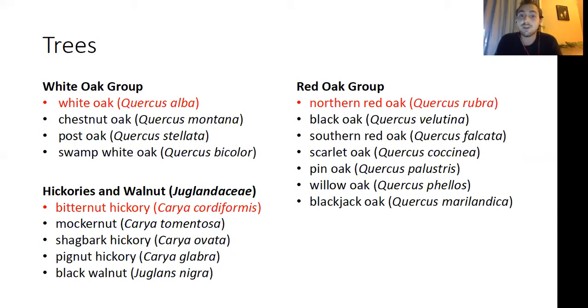Same with the red oak group, we'll focus on northern red oak, comparing with all the other species that you see there. And then with our hickories, as well as walnut, since they are in the same family, we will focus on bitternut hickory, and then compare with our other 3 hickory species common to this area, as well as our really common black walnuts.